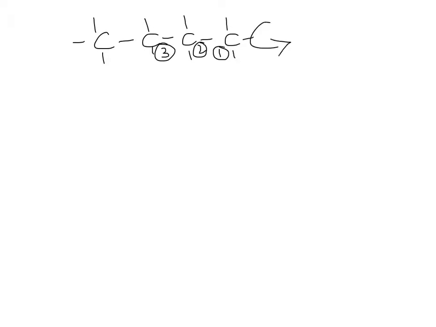What happens with butyl then? Butane, right? Butane is like this: 1, 2, 3, 4. Four carbons, right? This is butane. Now think about it. If we remove hydrogen from the first one, so I'm going to call this first, second and third positions, right? So from the first one, if hydrogen is removed, let me just write the hydrogens first.